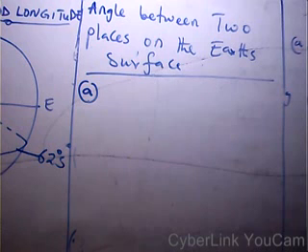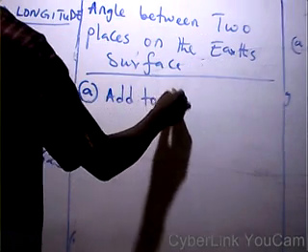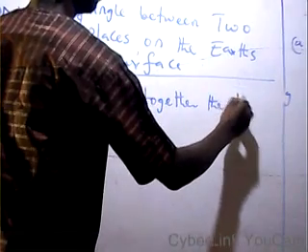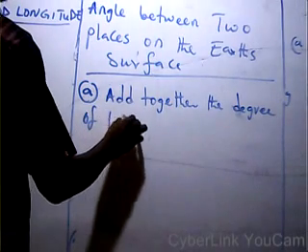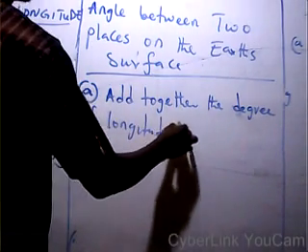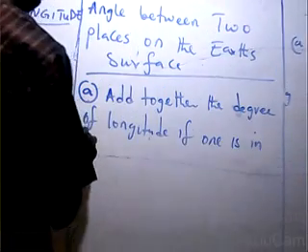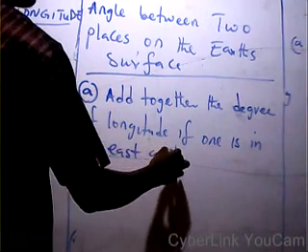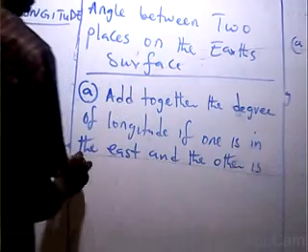The first one says, add together the degree of longitude, if one is in the east and the other is in the west.